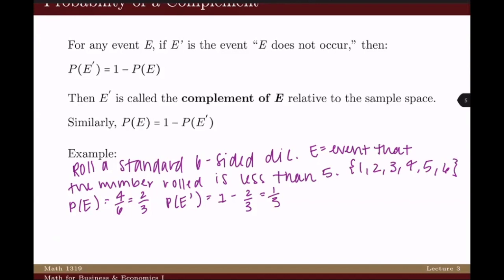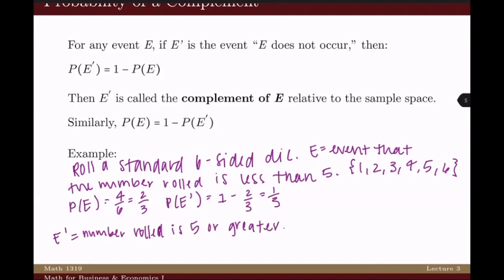So let's see if this works. So if E is the event that the number rolled is less than 5, that means E complement, the complement of this event, is going to be that the number rolled is 5 or greater.